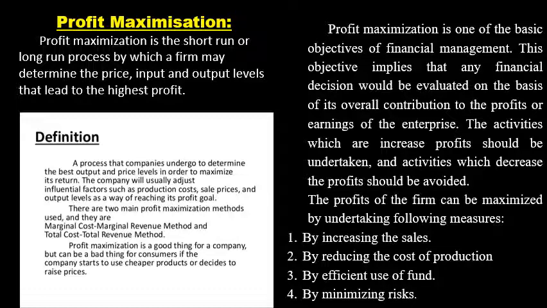So from the financial point of view, how can the profit be maximized? Marginal cost minus marginal revenue. That is most beneficial to increase the profit. Otherwise, the total cost minus total revenue method will also contribute to profit maximization.